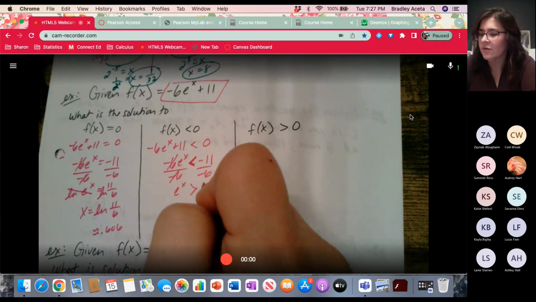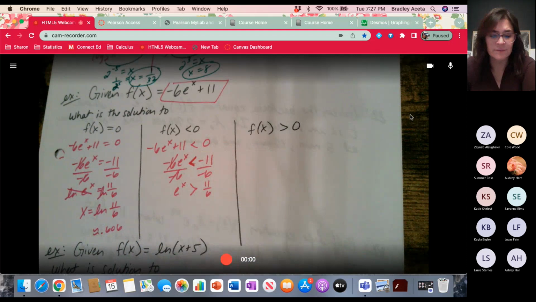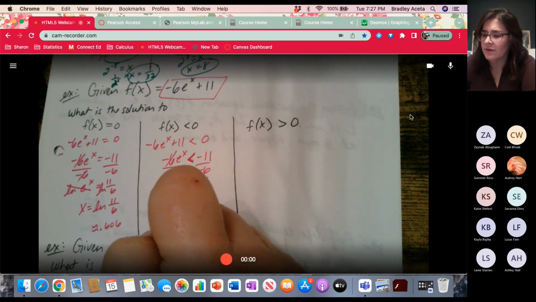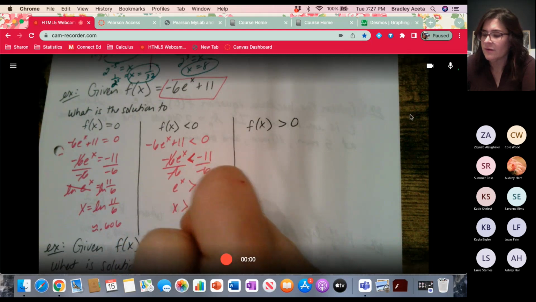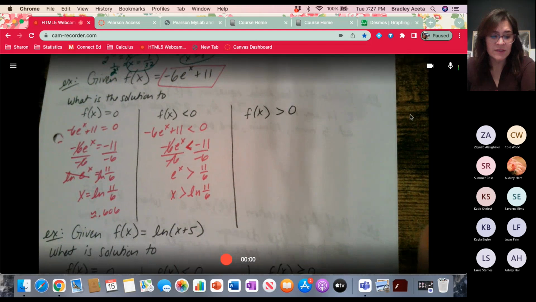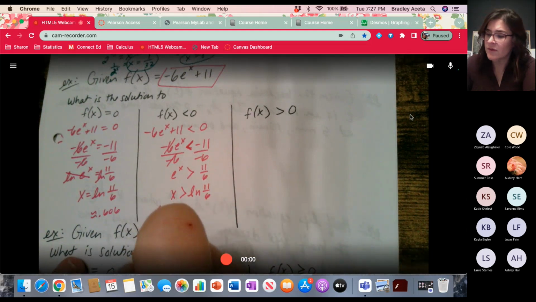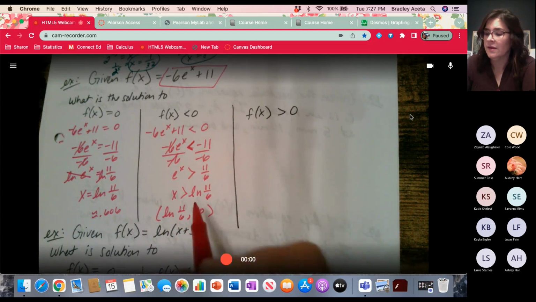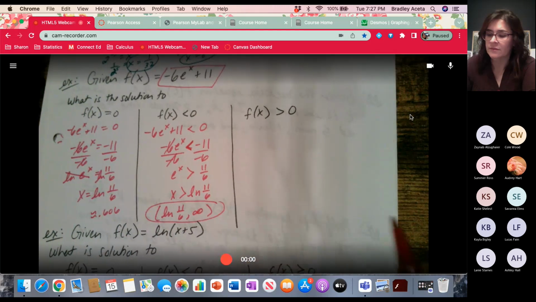E to the x is now greater than 11/6. And then you ln it. You get x is greater than ln of 11/6, which means that your solutions would be from the ln of 11/6 to infinity. This one would be there.